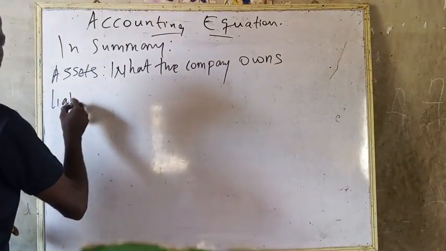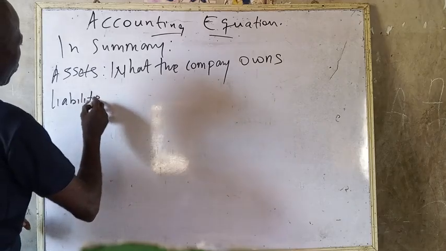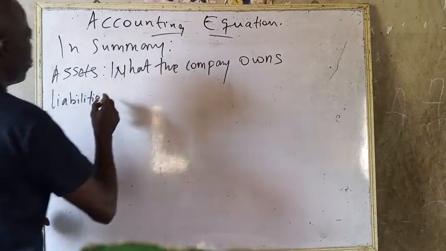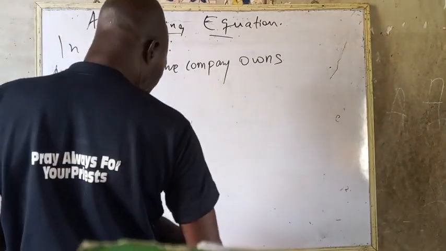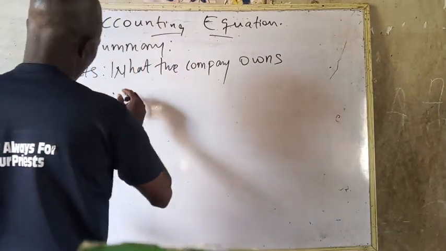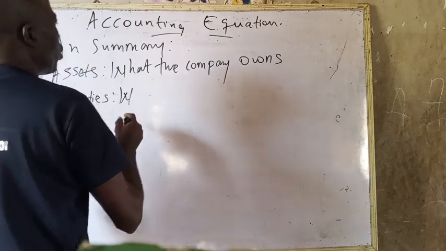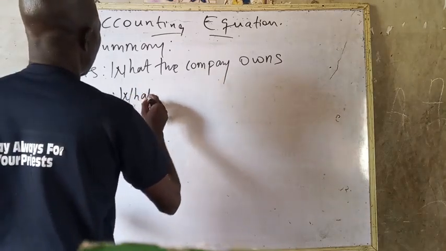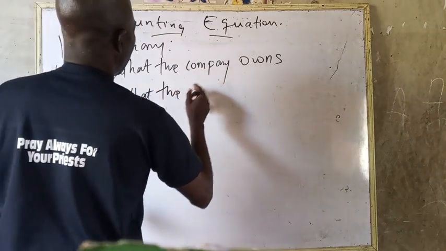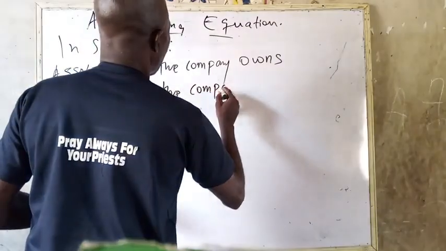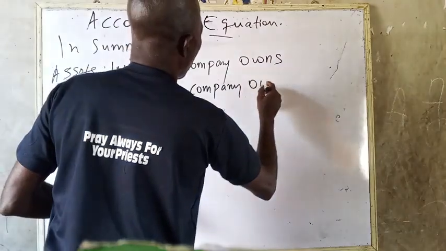Liabilities. What the company owes to outsiders.